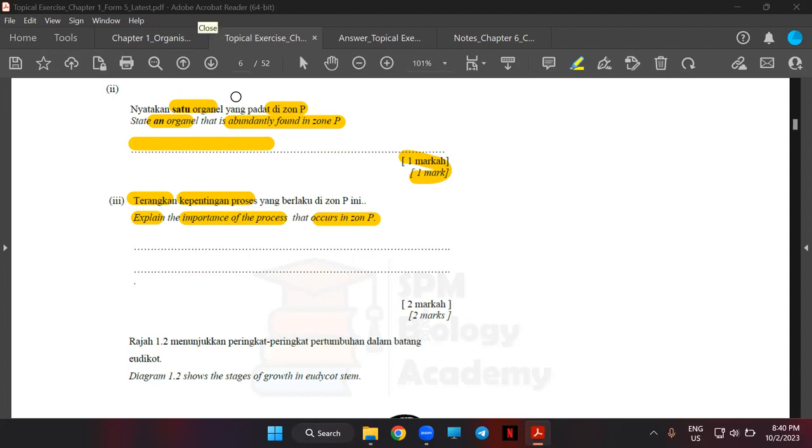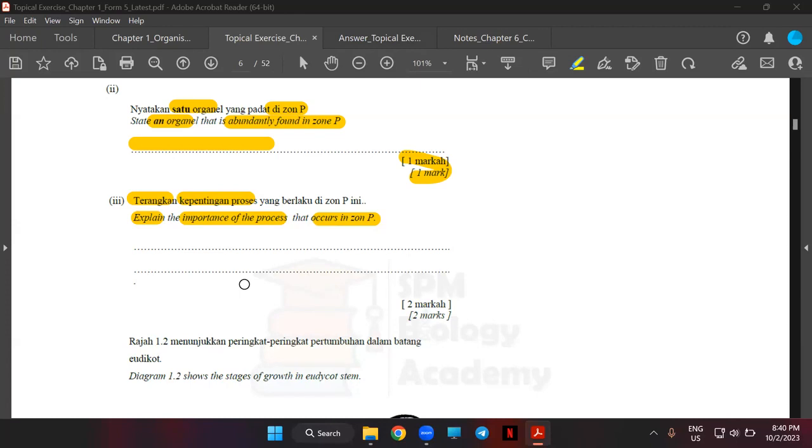So ingat, Theo, forming specialized cell, dia mesti melalui pembezaan dulu. So, jawapan kamu ialah untuk differentiation, pembezaan, bukan untuk zone of cell division. Okay, right. Anyhow, it's a good try. Salah tak apa, kita perbetulkan. We learn from mistakes.